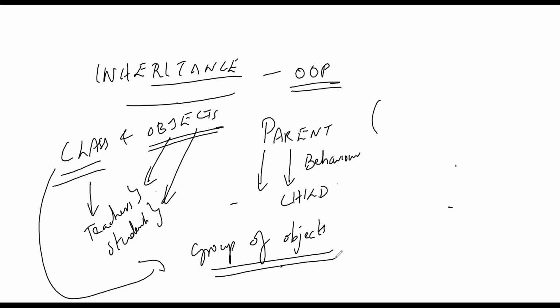Very good. Now coming to the inheritance part. There are two types of class. One is the super class or the parent class. The other is the child class or the base class.